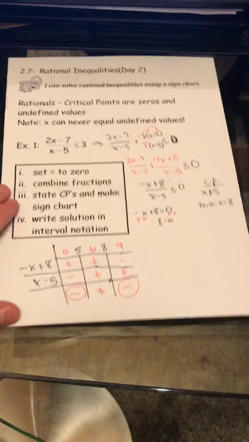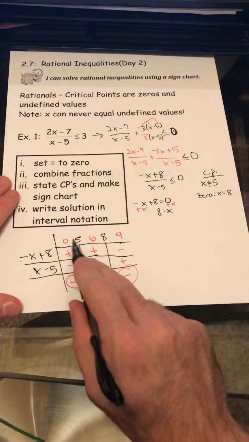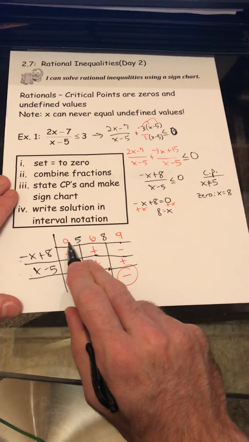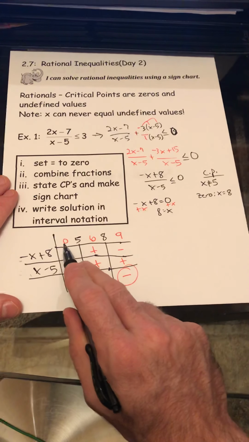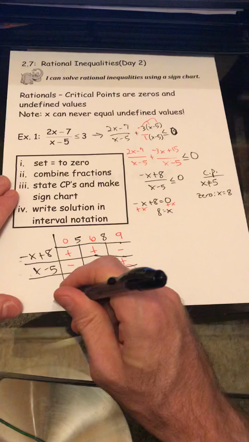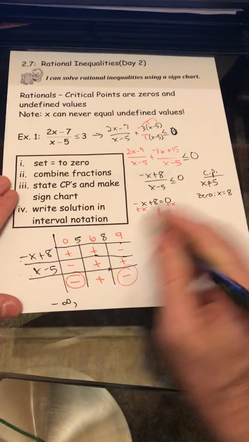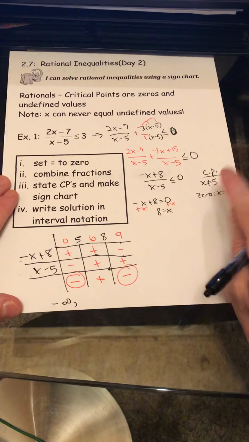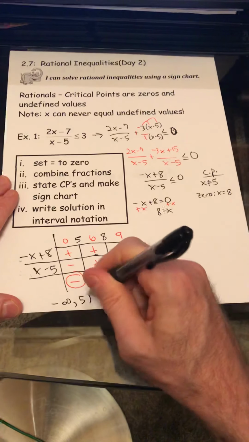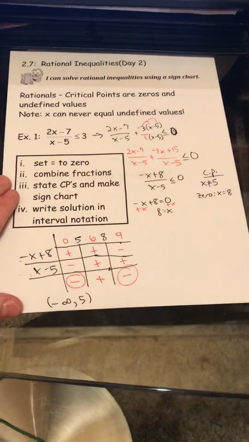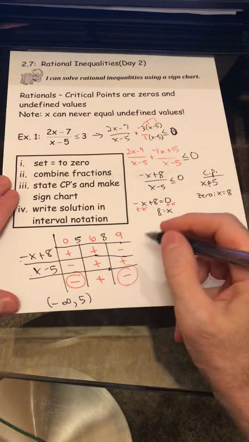Now, here is where you have to be careful. Again, we do not use 0 in setting up our interval. It goes to negative infinity because x cannot equal 5. Parenthesis. Around the negative infinity, it's always a parenthesis.